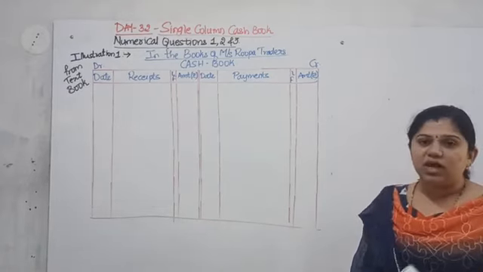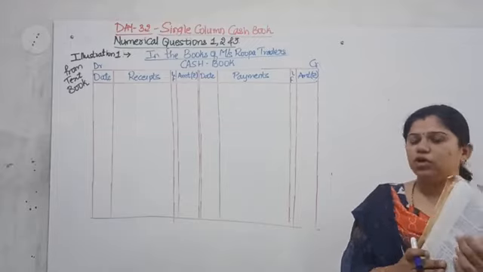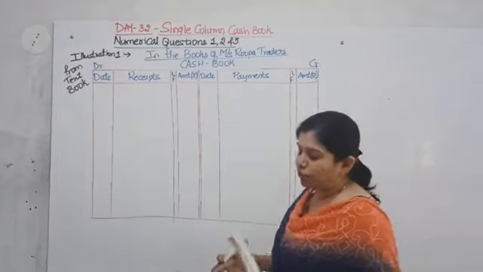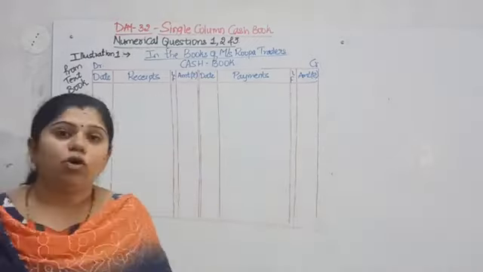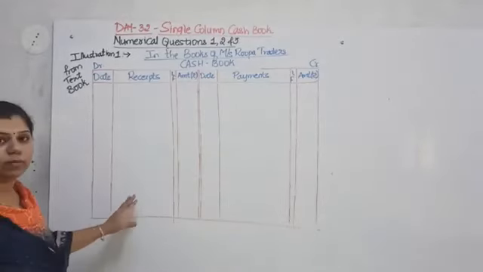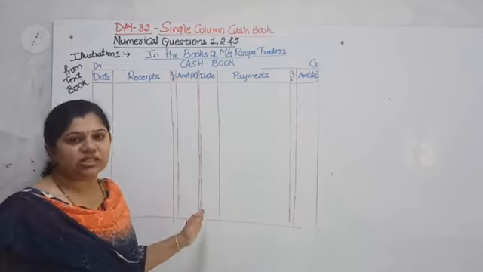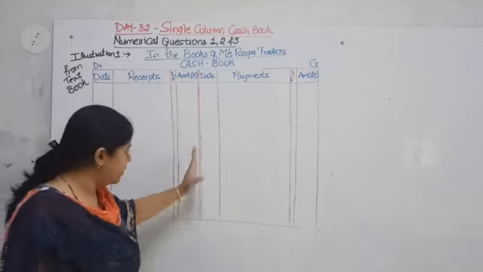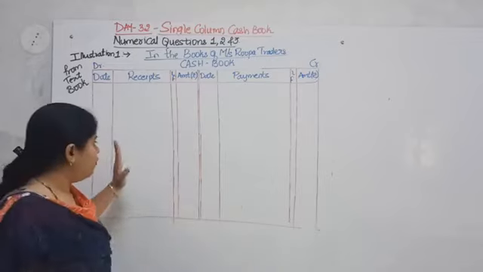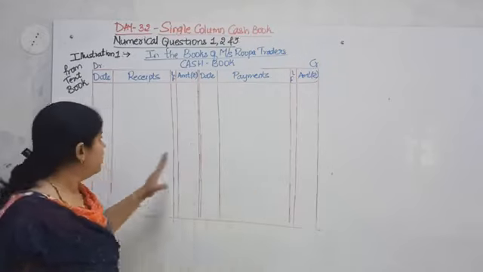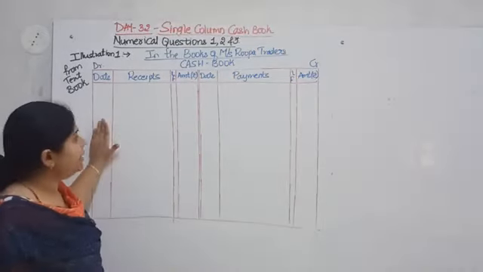In the textbook, the first illustration itself is the question for cash book. So, first let us see the format. It is just like the ledger account you have learned. You have divided the page into half, 4 columns on each side. The first column is date.